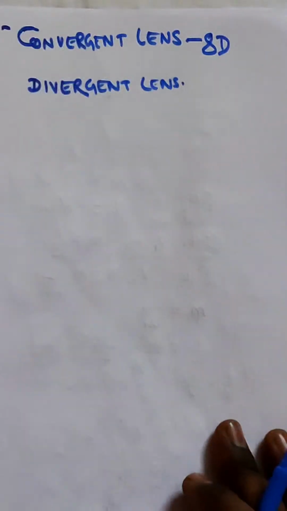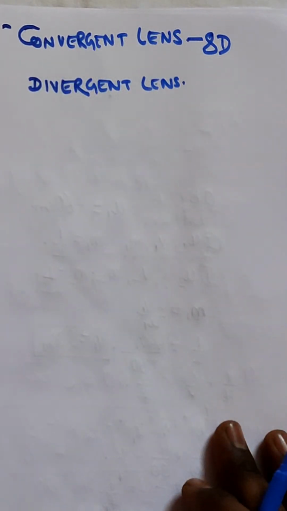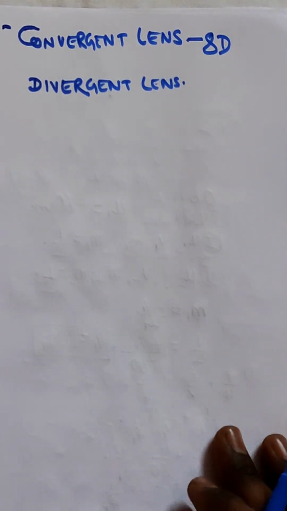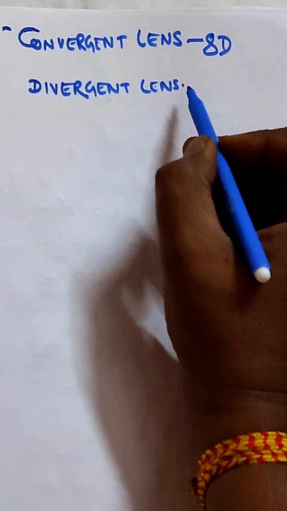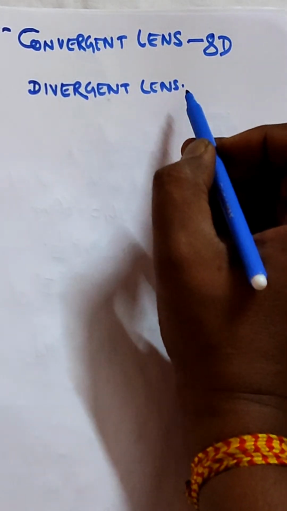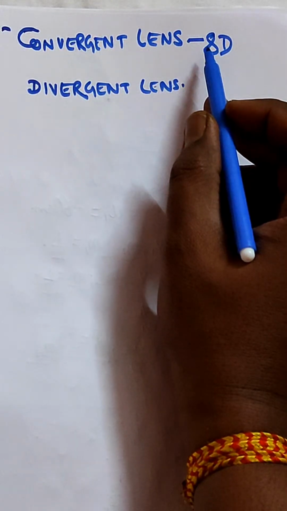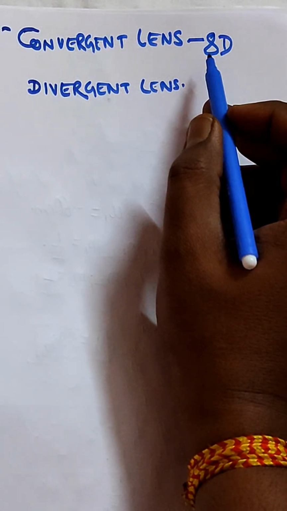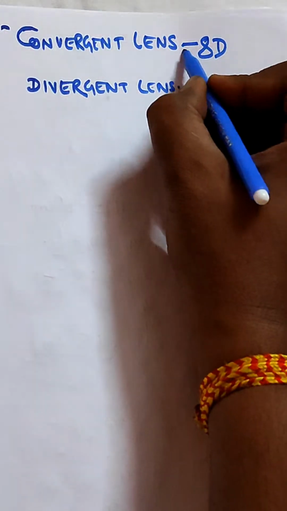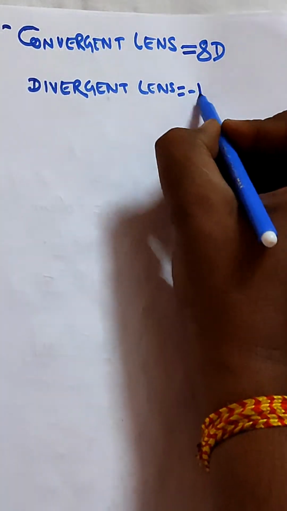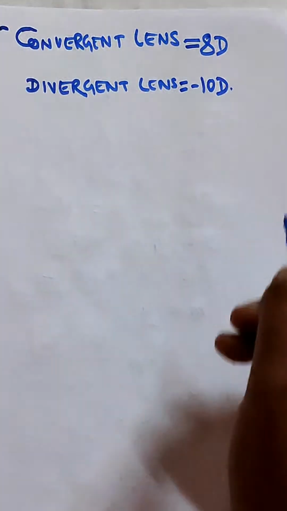So first of all, you need to understand what a convergent lens is and what a divergent lens is. We'll come to that. Before that, I just write the data given in the numerical. A convergent lens of power 8 diopter is combined with a divergent lens of power minus 10 diopter, right?